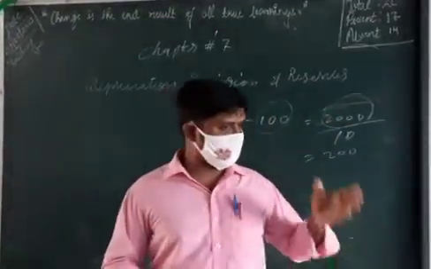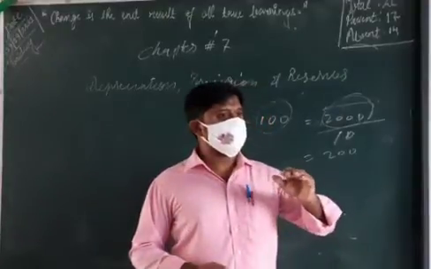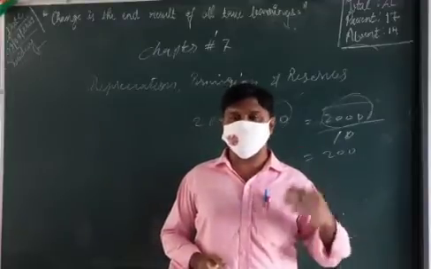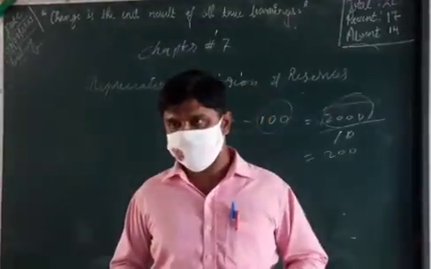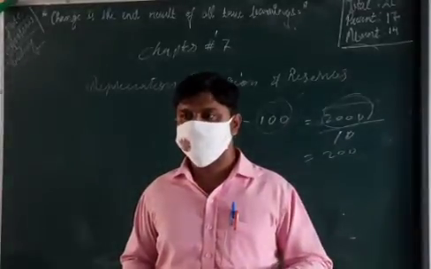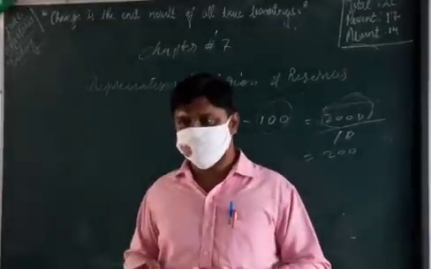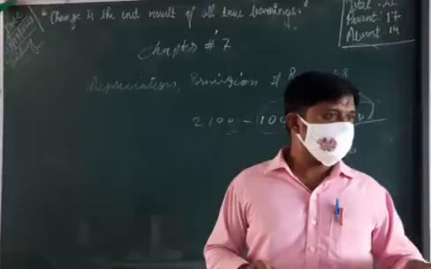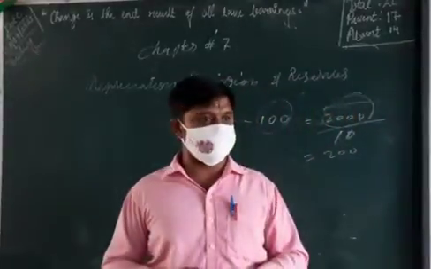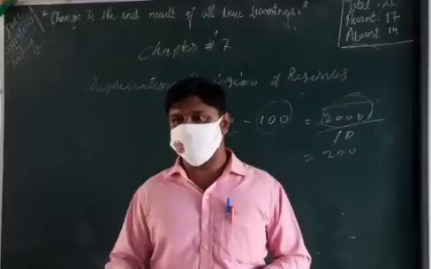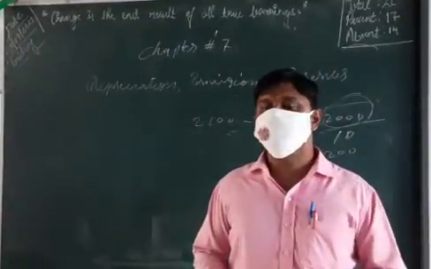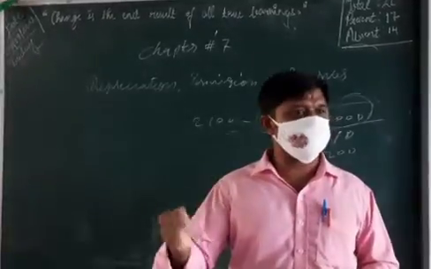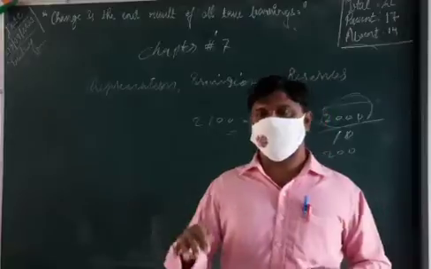In that time we cannot make use of it that much, so the depreciation charge, in the normal sense, will be higher than that of some other assets. For example, furniture and all, we can use without much maintenance. Maybe painting or something is required, but without much repairs or maintenance we can use it.